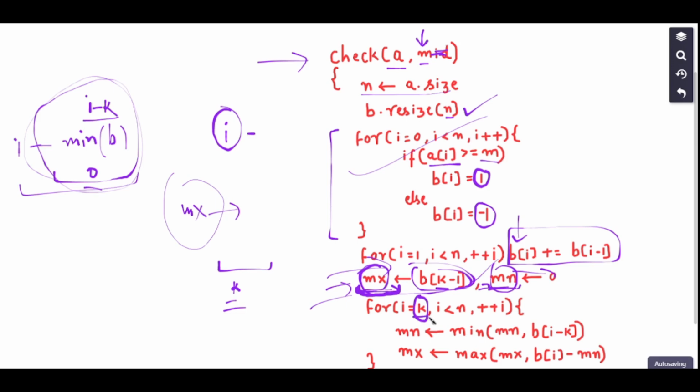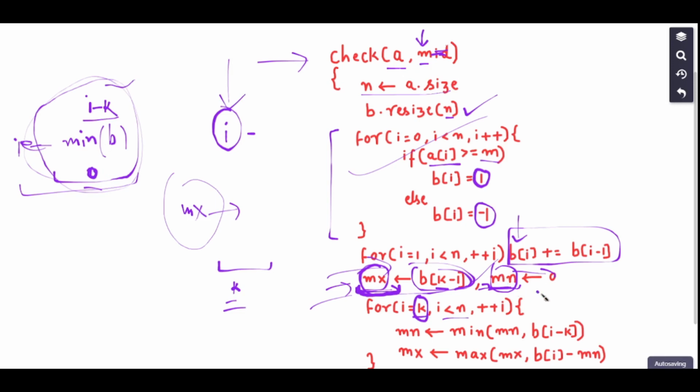So I iterate from the kth position till the last position and find this mn. What will this mn store? Mn stores this value, that is the minimum sum from 0 till i minus k for any position i.